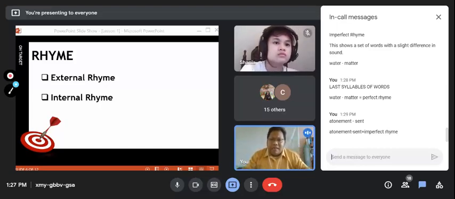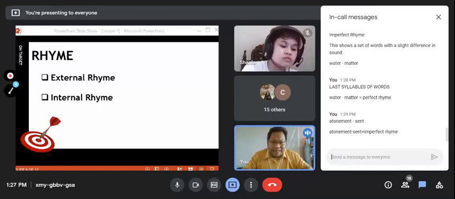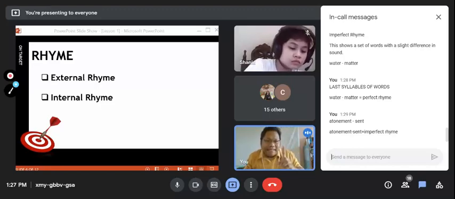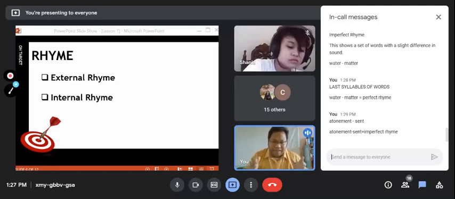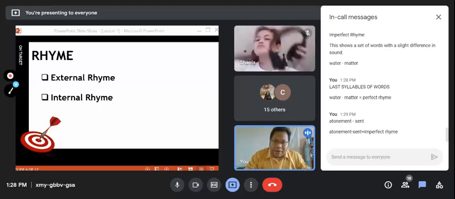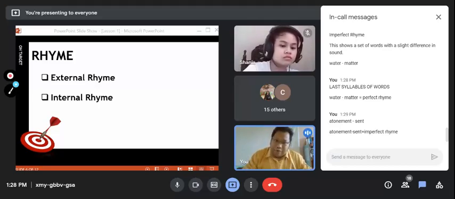Sir, there's something common with meant and scent, and that's the nt part. Yes. But take note, scent is monosyllabic. Therefore, the only sound that we could get from scent is the totality of the sound coming from that monosyllabic word, which is scent. The last syllable for atonement includes an m sound.